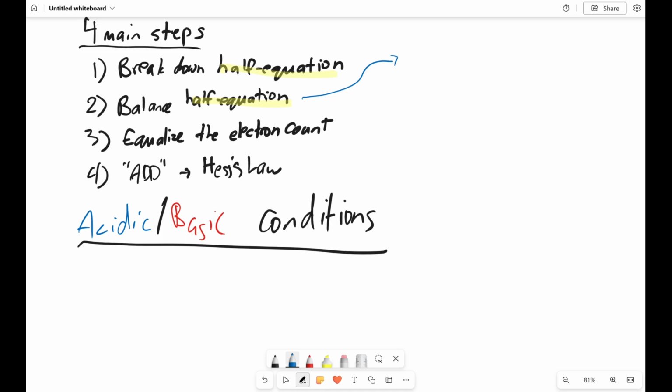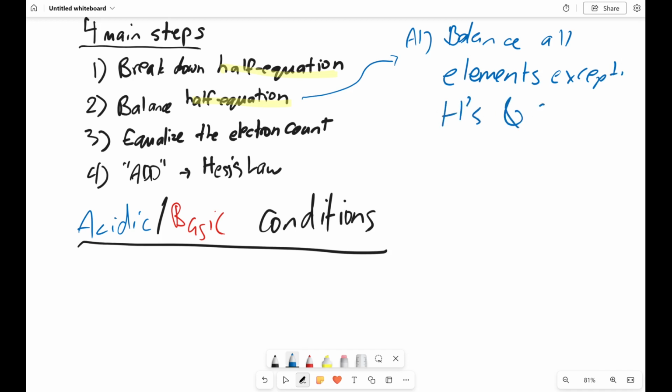So A1, for acidic 1, we're going to keep basically the main steps. We first break them down into half equations. Then we balance all elements except H's and O's, so that means hydrogens and oxygens.